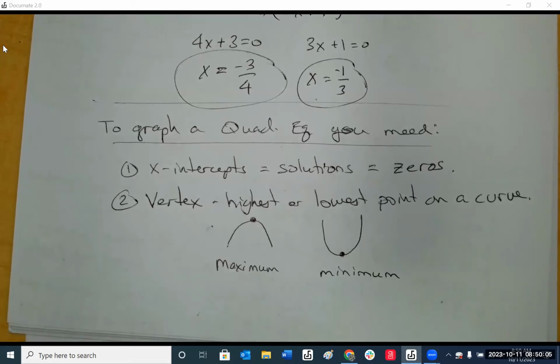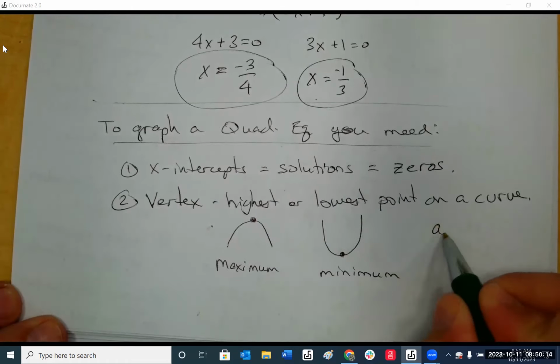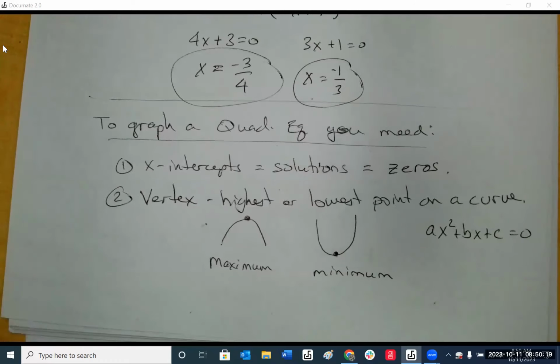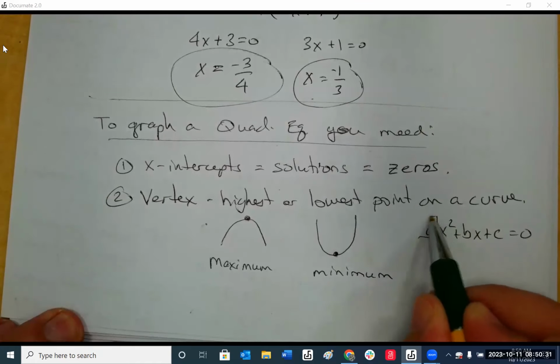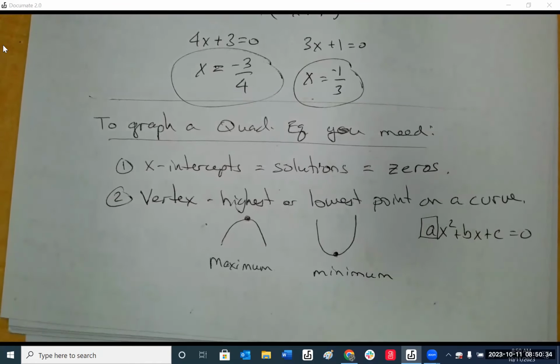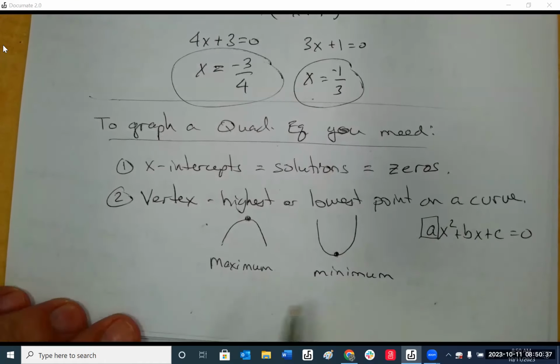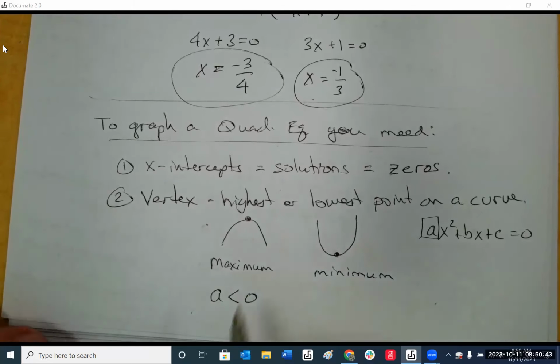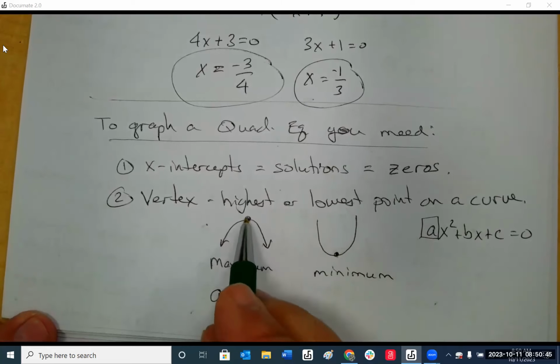And we can tell which one we have before we do anything. Remember, our quadratic equation looks like this: ax squared plus bx plus c is equal to 0. Before we do anything, you can tell me whether you have a maximum or a minimum by looking at the a. If a is negative, the graph opens down and you have a maximum.